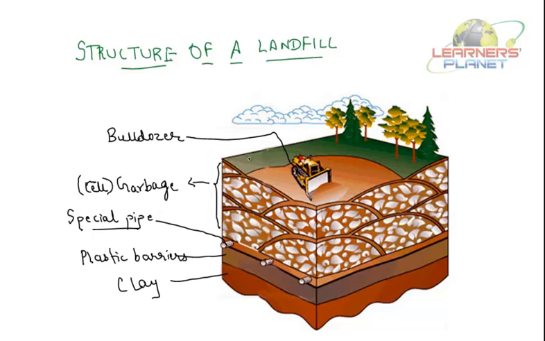And finally, bulldozers, tractors, etc. are used to compress the existing cells to create more space for adding new cells. So this is the structure of a landfill, and this is the way a huge amount of biodegradable wastes are recycled and managed.